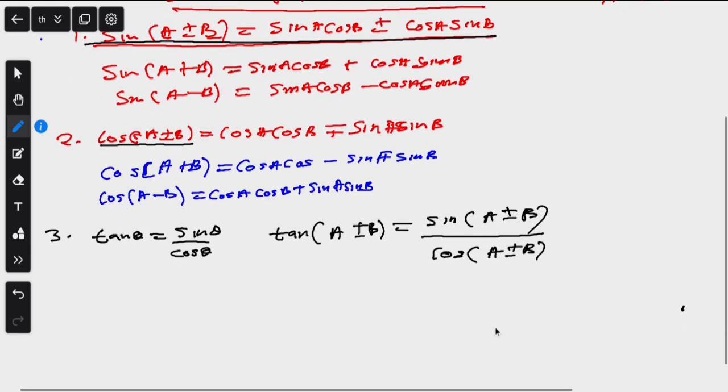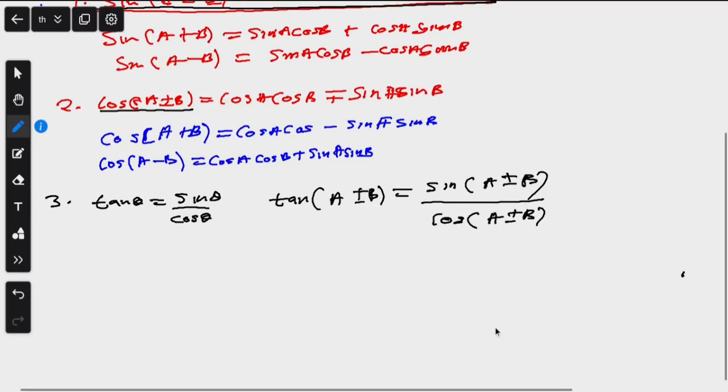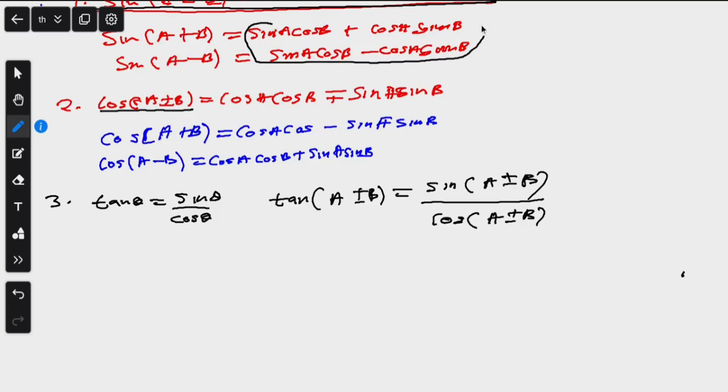What we are going to do here is, we know that sine is a combination of these two, when you consider the plus or minus, and for tan it's just this one. So let me write it here.